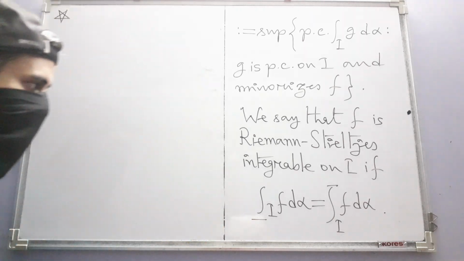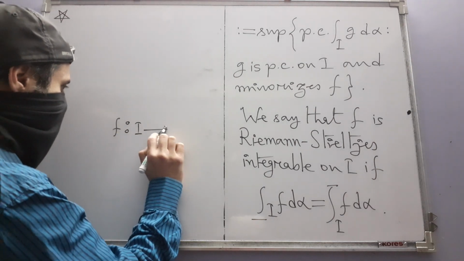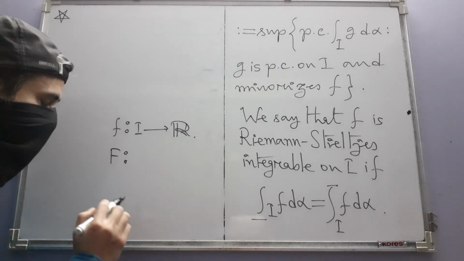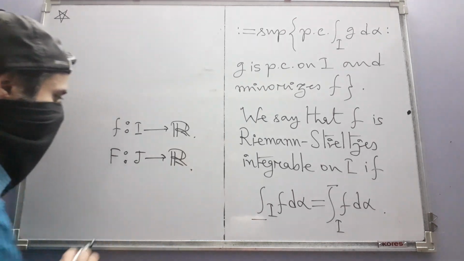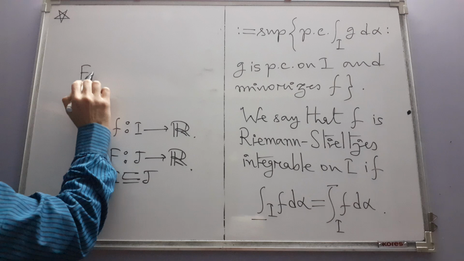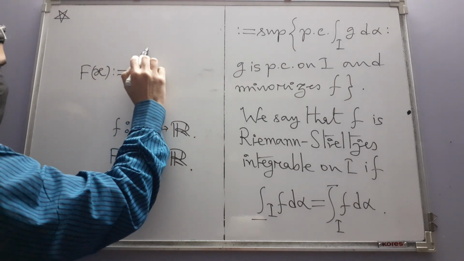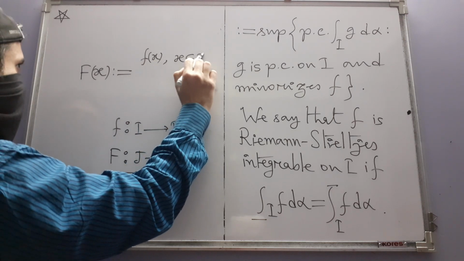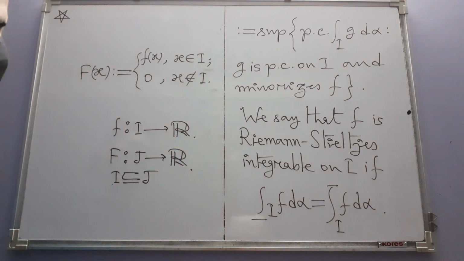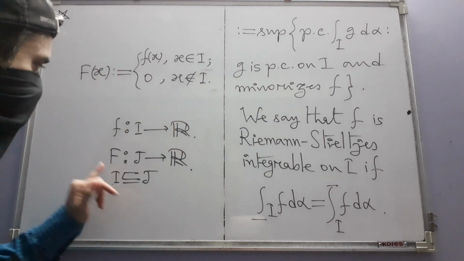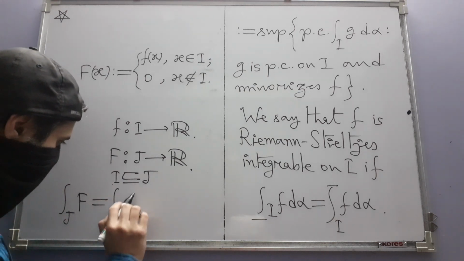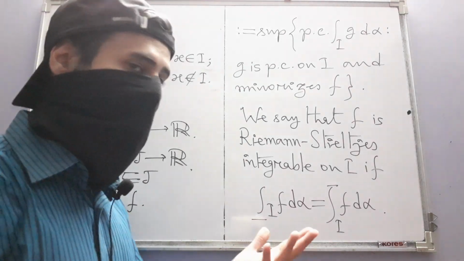There, if you remember, you had one property where, say, you have a bounded function f on I, which is Riemann integrable, and say you extend the function f to another function capital F on J, where J is also a bounded interval containing I. Small f is extended to capital F like this: it is f of x if x belongs to I, and 0 if x belongs to J but does not belong to I. In that part of the theorem, we concluded that capital F is also Riemann integrable, and the integral of capital F on J is simply the integral of small f on I. That part is now not necessarily true.